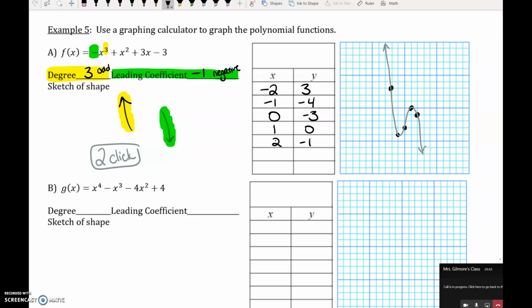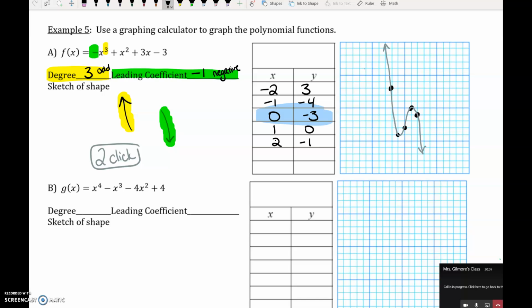Really, I want you to look at the degree and the leading coefficient and eliminate answer choices from there. Then you could do something like pick a point, plug 0 in and see what you get. 0 is a pretty easy number to plug in. -0 cubed is 0. 0 squared is 0. 3 times 0 is 0.